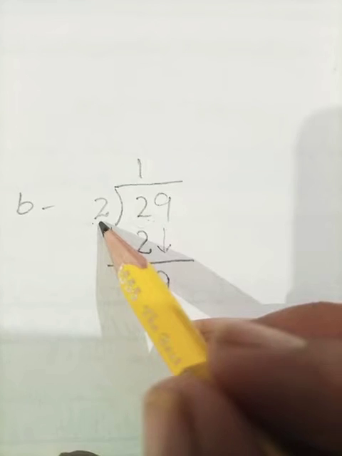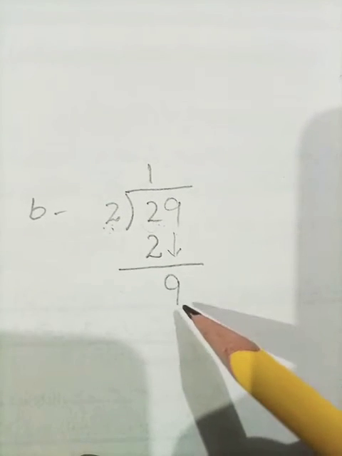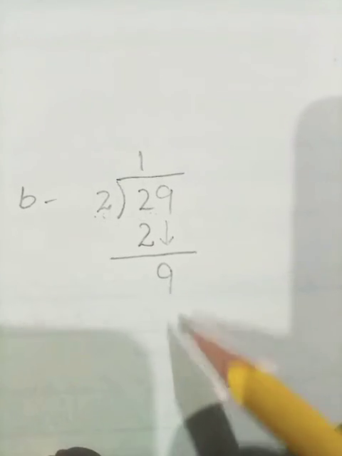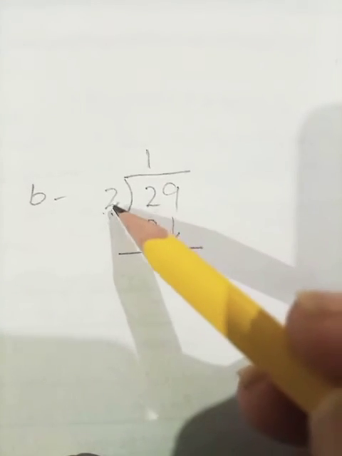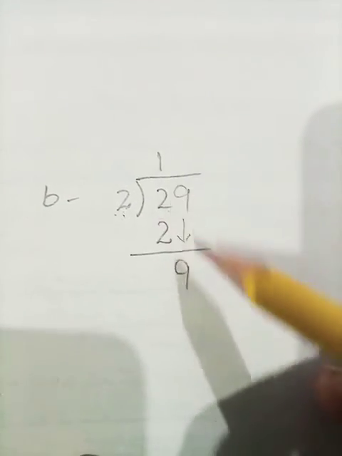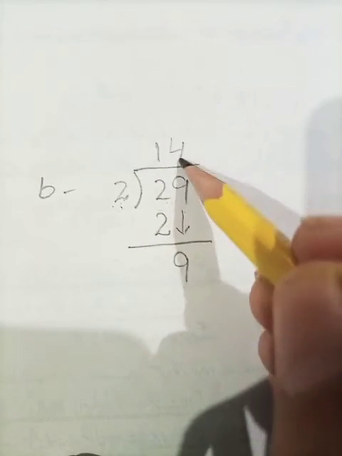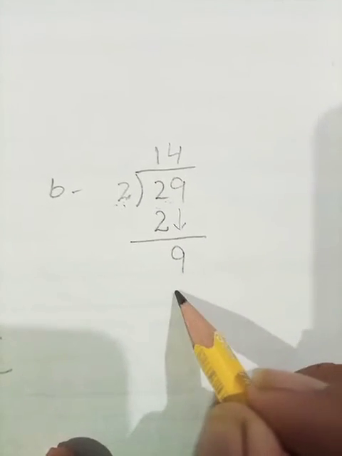So students, now we will read the table of our divisor to make this 9 or the number less than 9. Read the table of 2 with me. 2 ones are 2, 2 twos are 4, 2 threes are 6, and 2 fours are 8. 2 fours are 8.